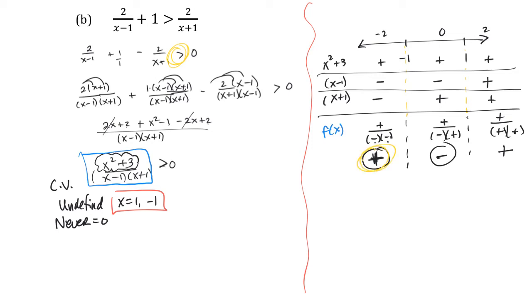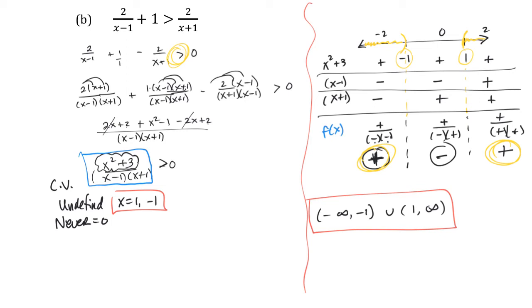That happens here and here, but not including those. So we're going from negative infinity to negative 1 and then skipping over to 1 to infinity.